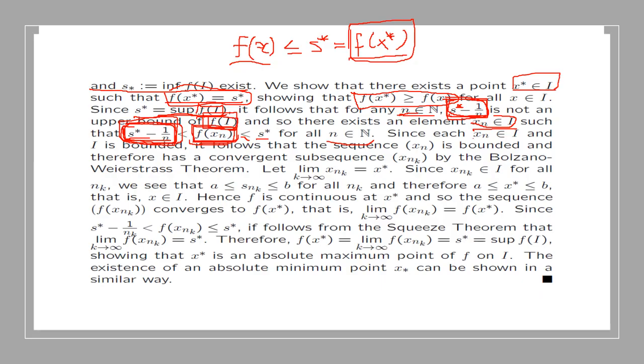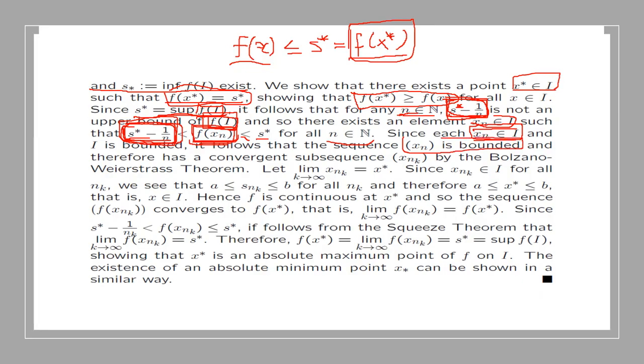Okay, now since xn is in I and I is bounded, let's assume that I is the closed interval from A to B. Since xn belongs to I and I is bounded, it follows that the sequence xn is bounded.